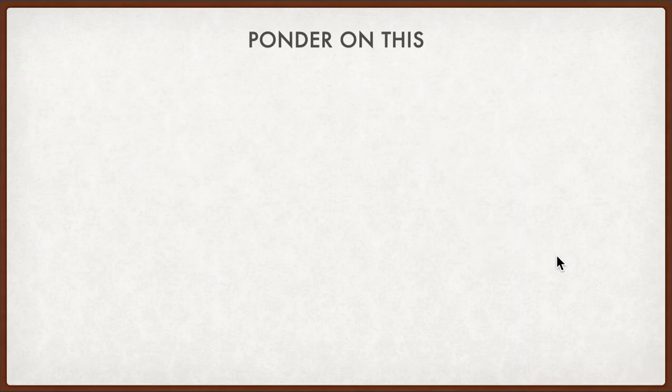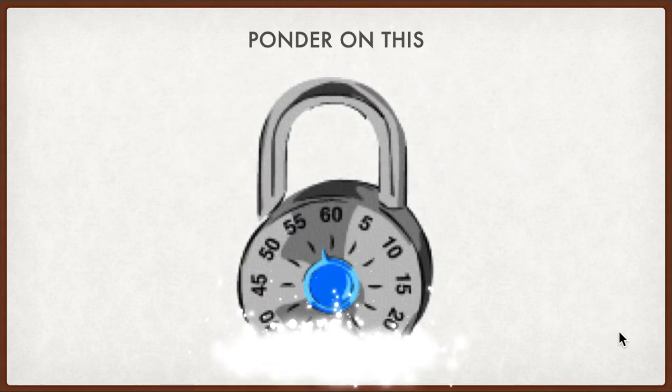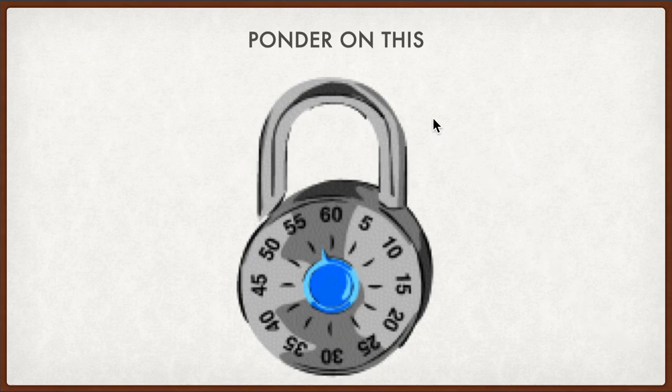Before we get into that, I would want you to ponder upon this. We will get back to it in a while, right after some lessons. This is what we call a combination lock. In order for this to be unlocked, you need to have a set of numbers, a combination of numbers, and then it will open up.